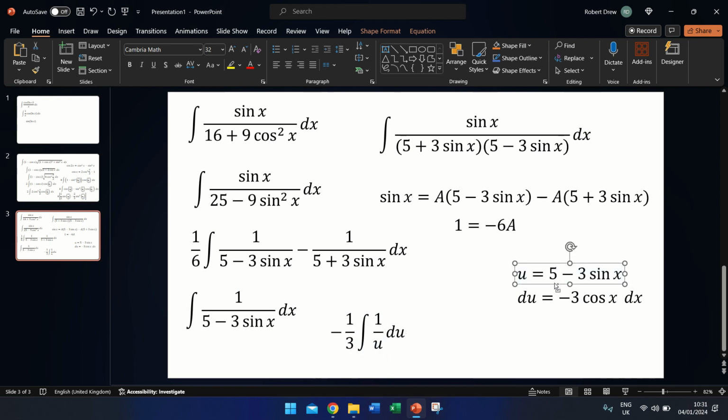So maybe this is not a good idea. It's u minus 5, or it's 5 minus u, actually, over 3. Then we square all of that. And then it's 1 minus all of that squared.